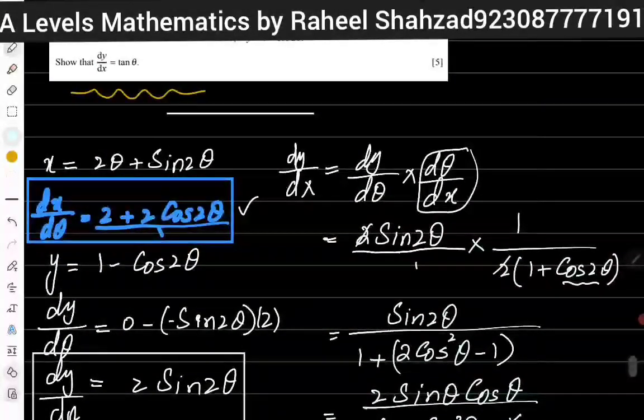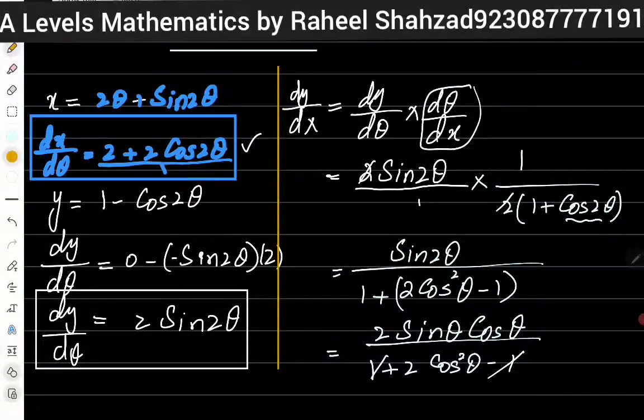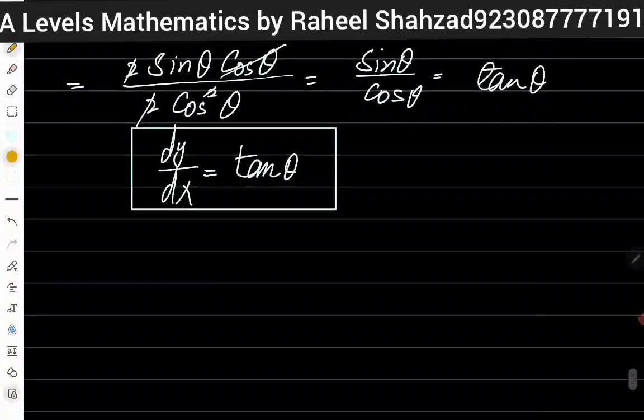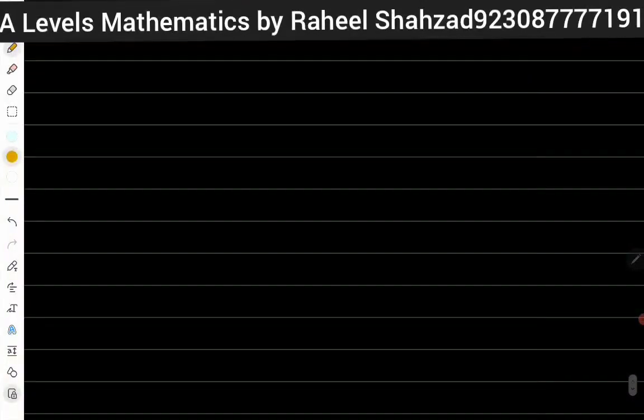So we differentiate both x and y with respect to theta, dx by d theta and dy by d theta, and then we apply chain rule here to find dy by dx, and we substitute the values. Remember, we have to take the reciprocal of dx by d theta to make it d theta by dx, and this is the final answer. So this is another example of parametric equations. Let's do another question.